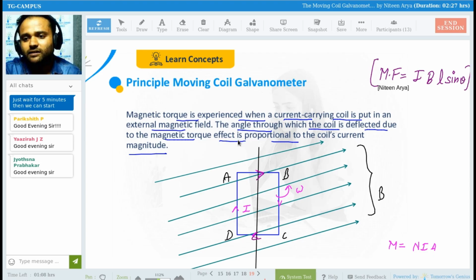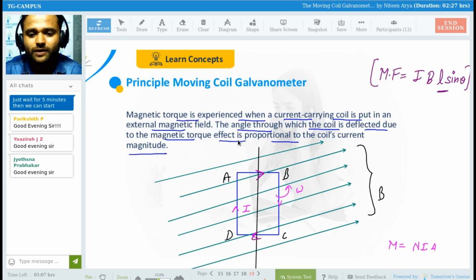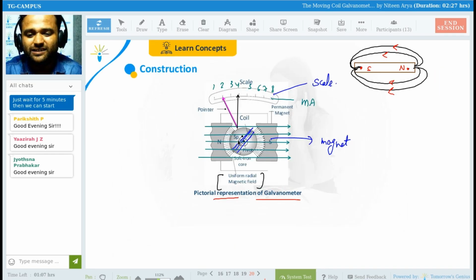When this length element and the magnetic field are in the same direction, then this force is going to be 0. So that is why it is written here that the sides AB and DC are not subjected to any magnetic force. Visualizing this AB and CD, or you can say DC.